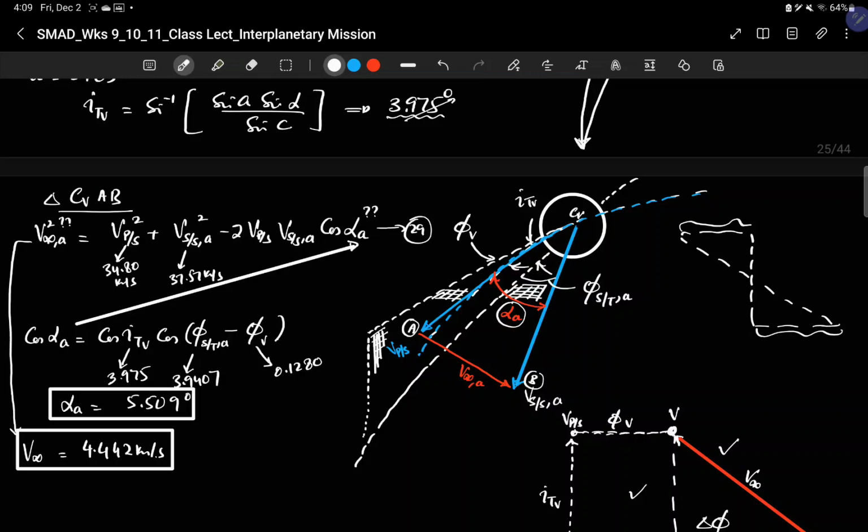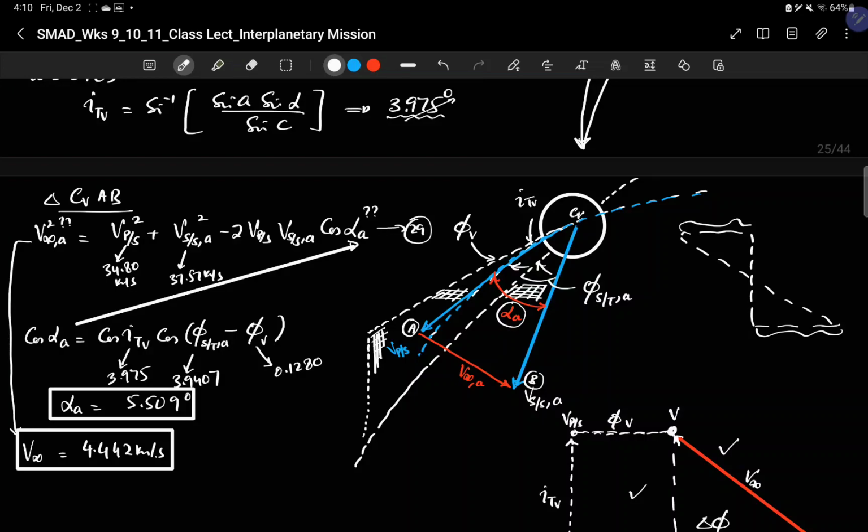Why is the V infinity in this case more than the hyperbolic excess velocity? Is there any contribution of the planet's motion? Exactly, because you have moved inwards. This is an inner planet, so it is just like coming closer to the Sun.